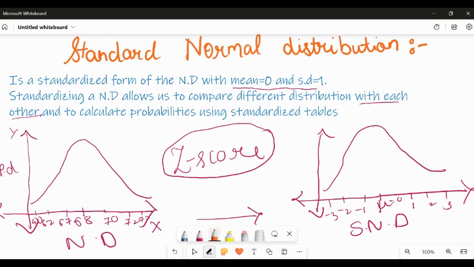So what is the formula of the z score? The z score formula is x minus mu divided by sigma.